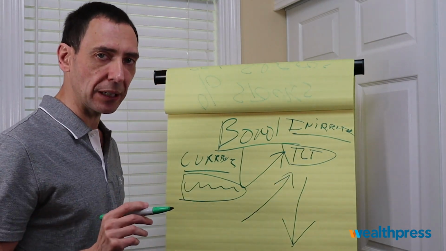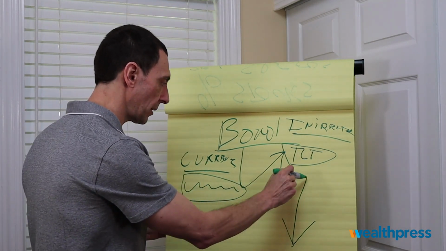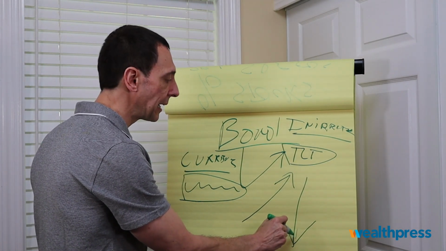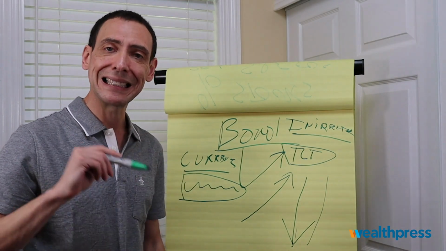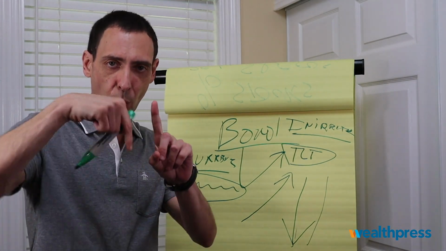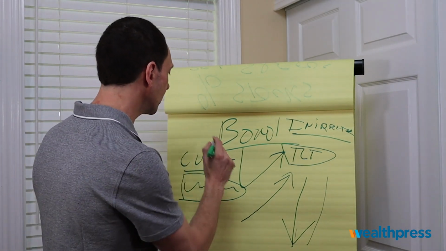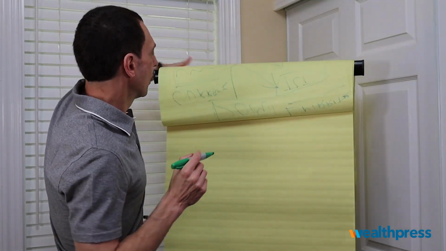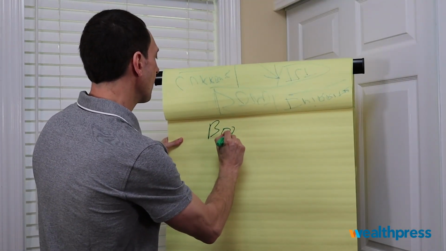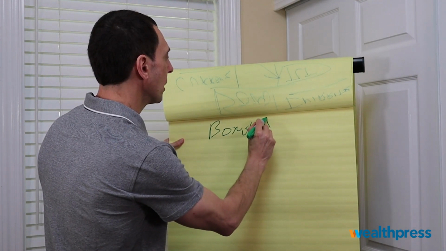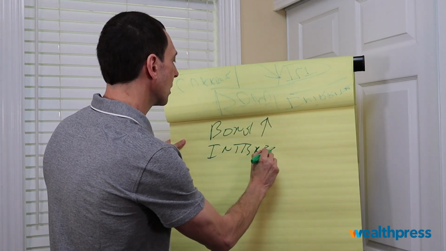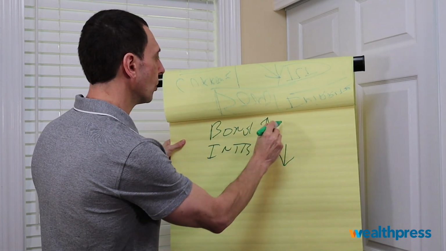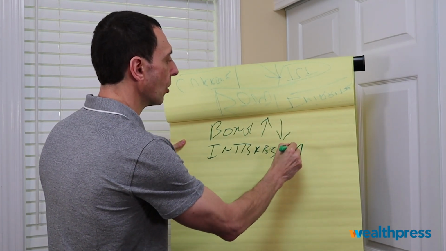If the bond market is moving down, that means interest rates are going up. The bond market and the interest rate market are inverse correlated. So if bonds go up, interest rates go down. And if bonds go down, interest rates go up.